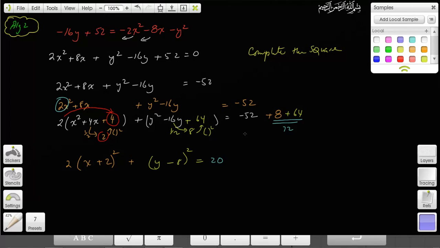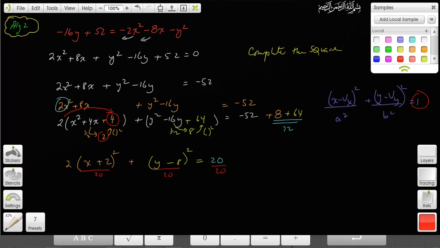Now for an ellipse, if you recall, the equation is x minus vx squared over a squared plus y minus vy squared over b squared equals 1. So we need to have 1 over here. Now after you've completed the square, you can divide everything by 20, see, like this, to get that 1. Okay?